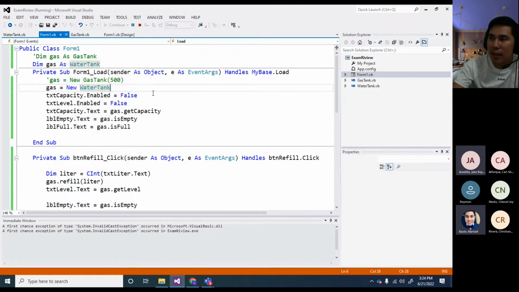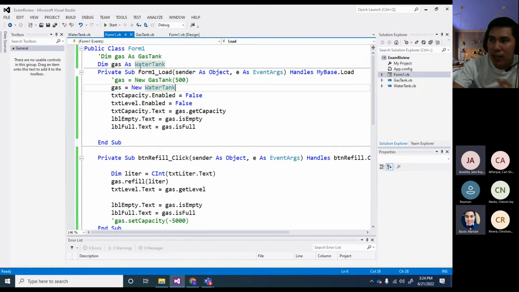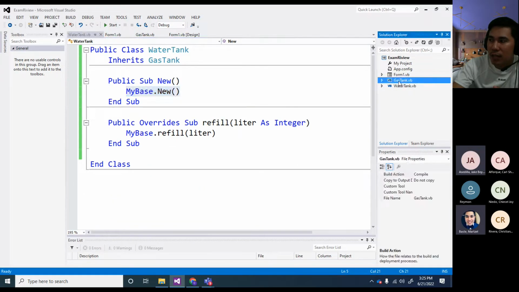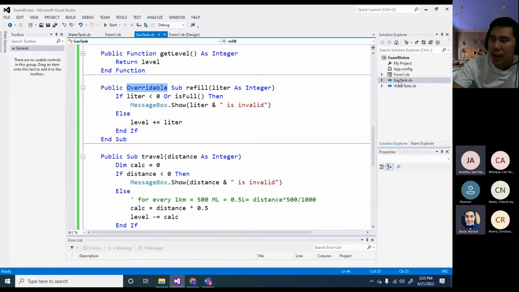There's nothing changed in the class, but since water tank and gas tank are of the same family, water tank is the child of gas tank. Gas tank is the superclass of water tank, which makes water tank a derived class and gas tank a base class.